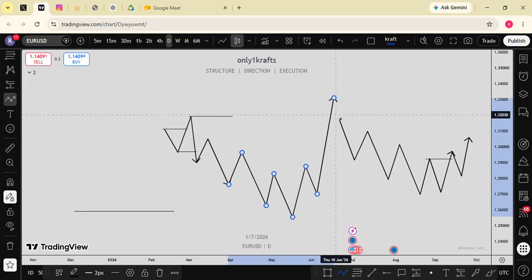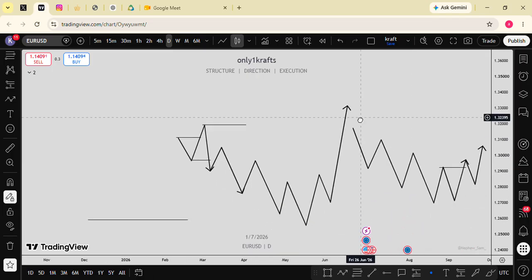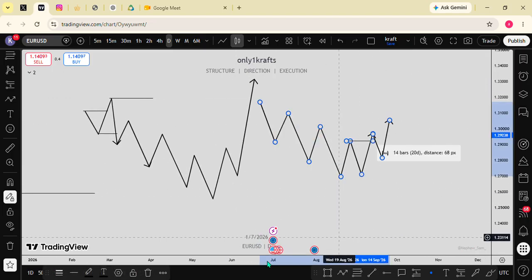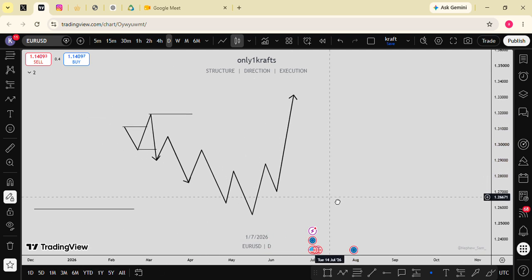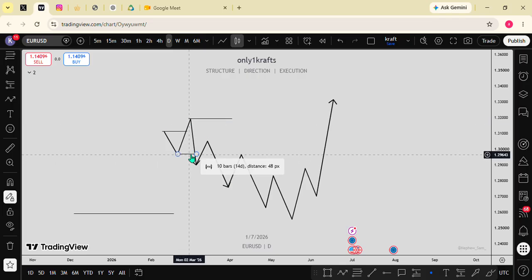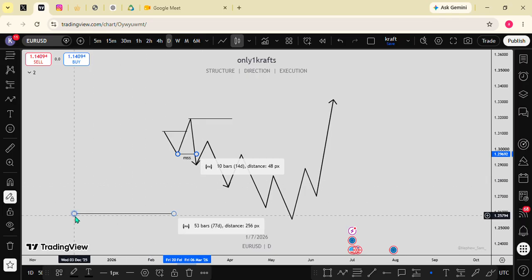So basically, what is this saying? We broke structure to the upside, right? So this to the downside, market structure shifts. This is a market structure shift, and then the next one is a break of structure.